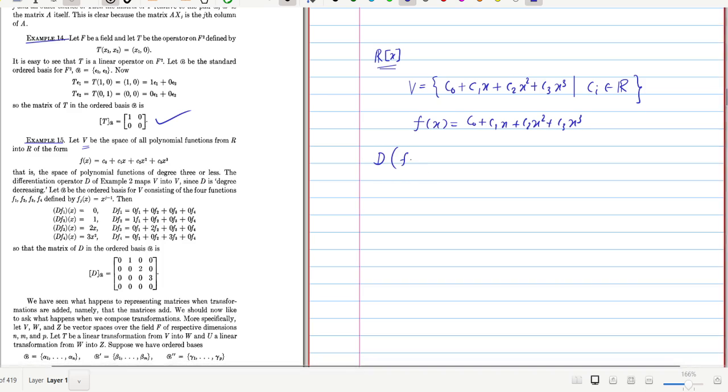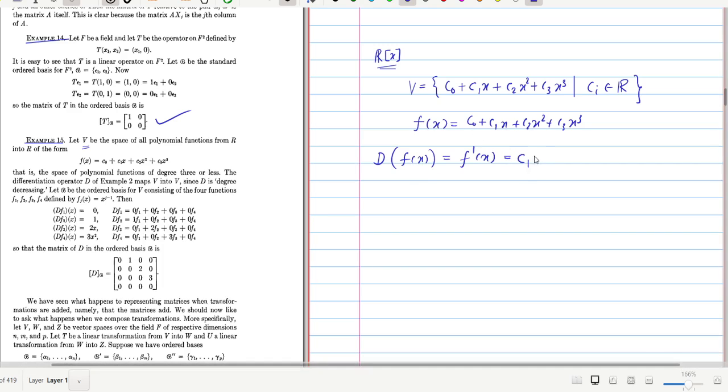So D of f(x) is nothing but f dash x, which is c1 plus 2c2x plus 3c3x square, since c0 becomes 0. This is the differentiation operator on the vector space of all polynomials of degree at most 3. Now we need to find the matrix of D.